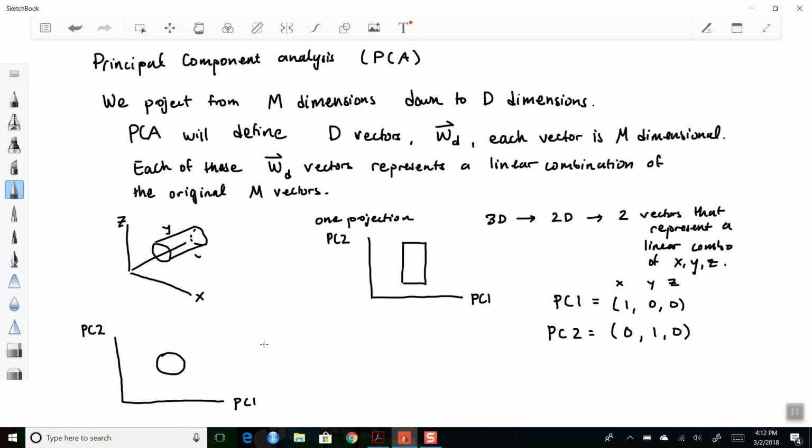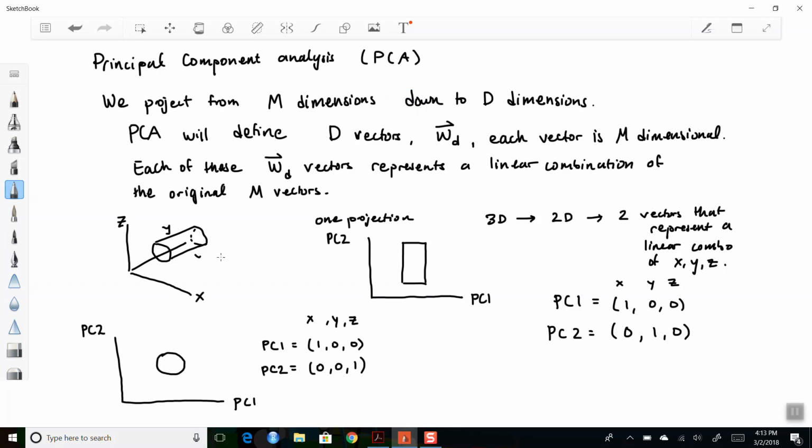And if this is the case, PC1 could be 1, 0, 0, and PC2 would be 0, 0, 1, right, for X, Y, and Z. So the Y dimension is lost there. Okay?